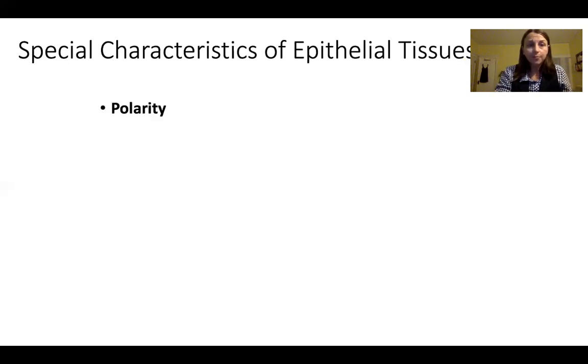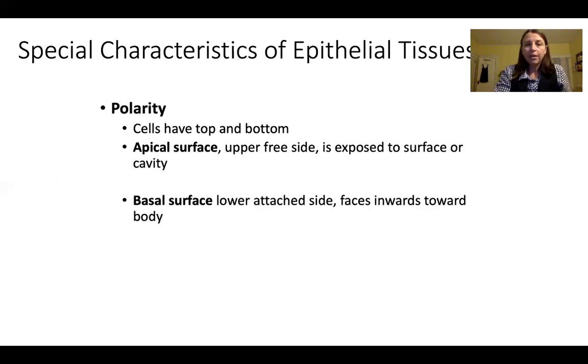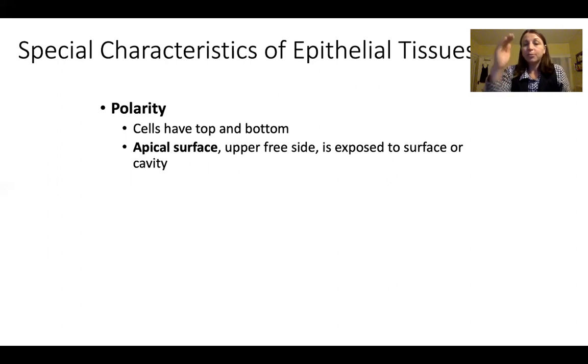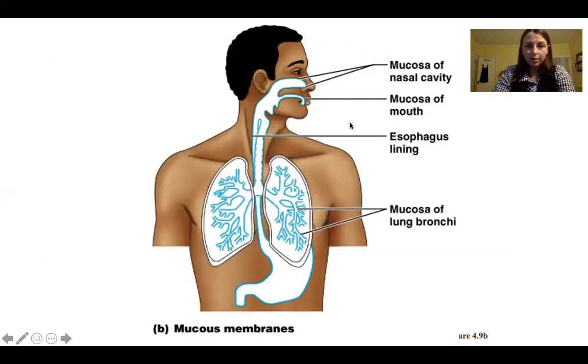So polarity, here it is written out by definition, the top and the bottom of something. Apical surface is the upper free side. It's also exposed to the end of the cavity. So when we had that blue image going, the apical surface was going to be on the inside of that body. I'll go blue because that's what I just said.